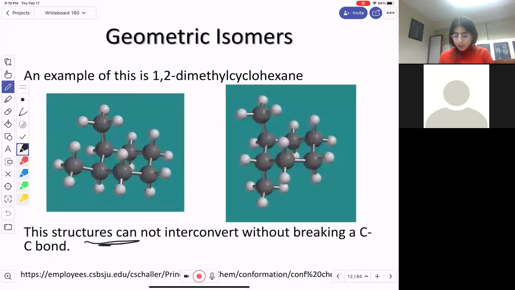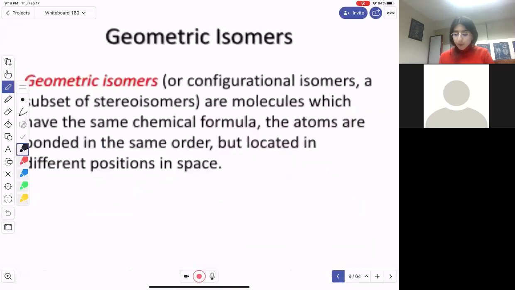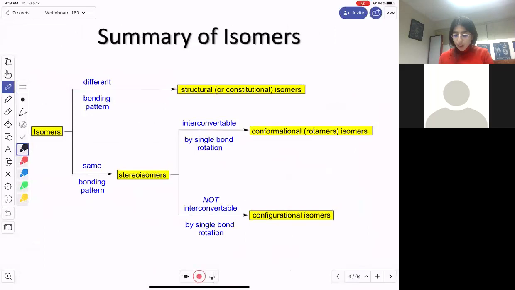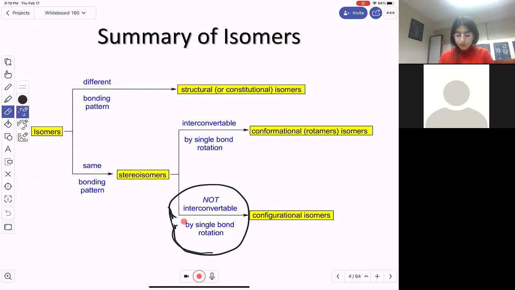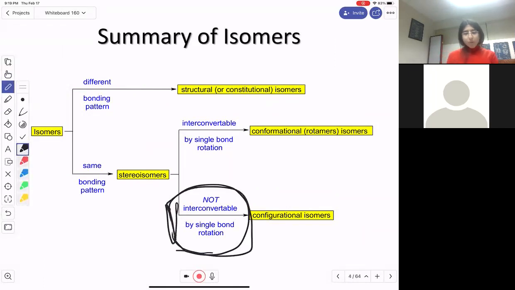We cannot interconvert them without breaking the carbon-carbon bond. They do not interconvert. Anyway, you got the point, okay? So I asked you what type of isomers cis and trans are. Remember, they are configurational.